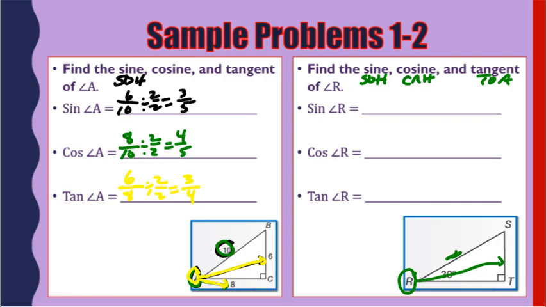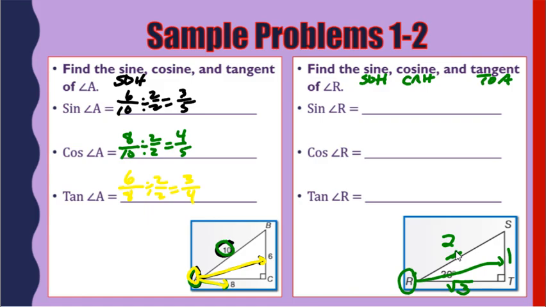And you notice we don't have any dimensions on our triangle. But remember, this is a 30, 60, 90 triangle. In a 30, 60, 90 triangle, the leg opposite the 30 is 1. The other leg is the square root of 3. And the hypotenuse is always twice the shortest leg. So that would be 2.